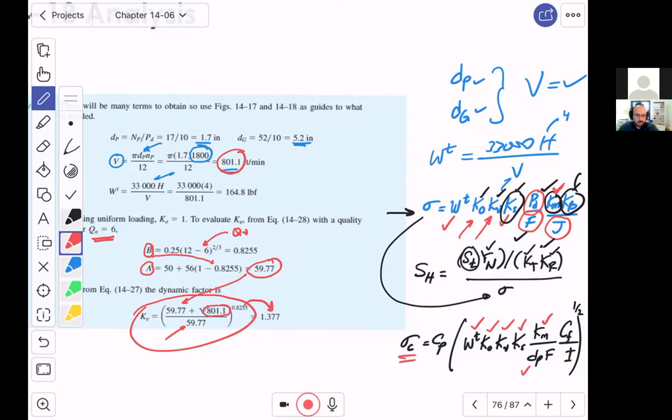Whether it is the pinion or the gear, you will still use dP. Then we have F, which is the face width, and CF, the surface factor, which we are going to talk about later, and I. So you need to find I, you need to find J. This is something you need to do.